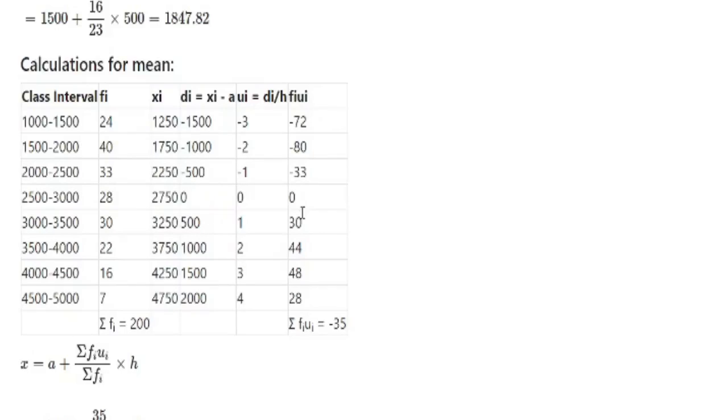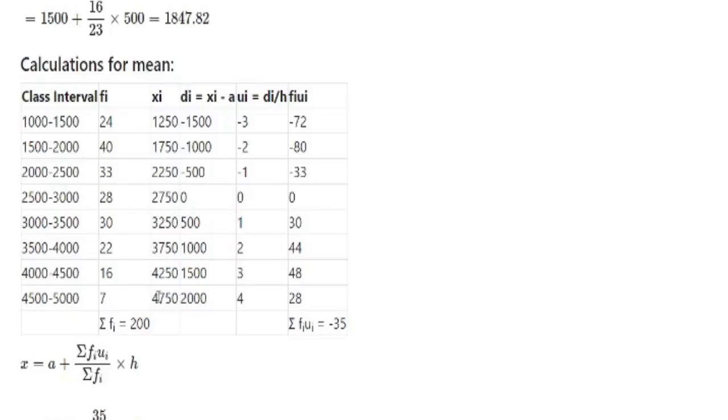So this is the step deviation method. So we can calculate this by using the table. So here assumed mean we take it as 2750. First you calculate the class mark. Class mark equal to upper limit plus lower limit divided by 2. So the class marks are 1250, again 1750.